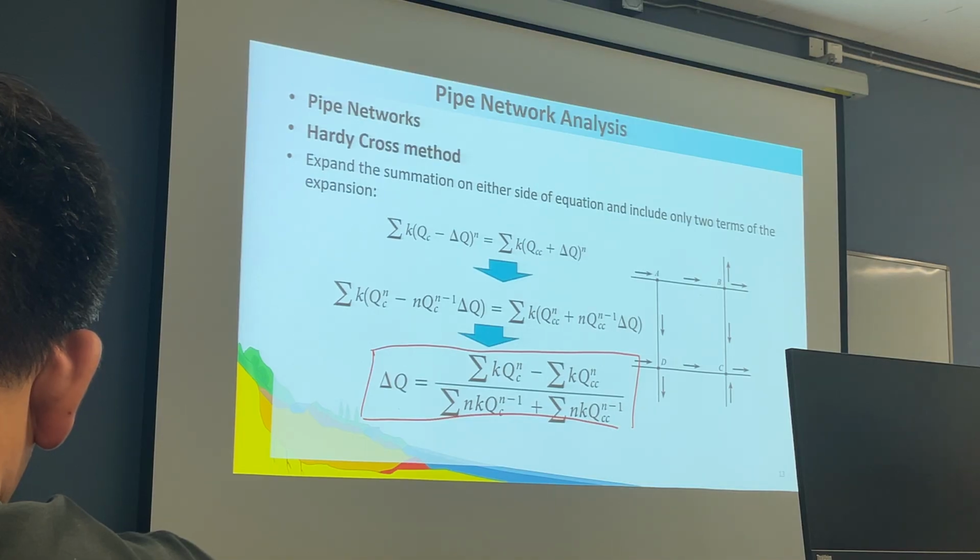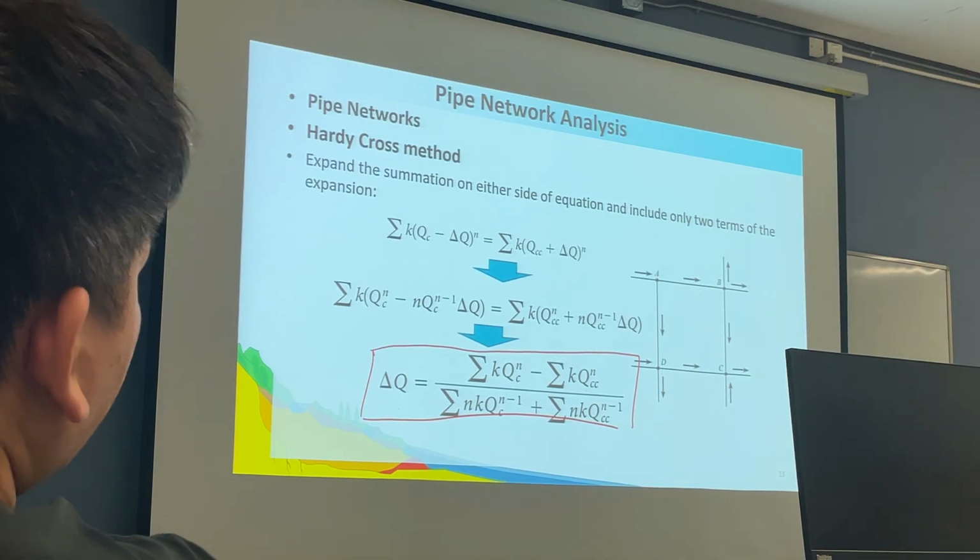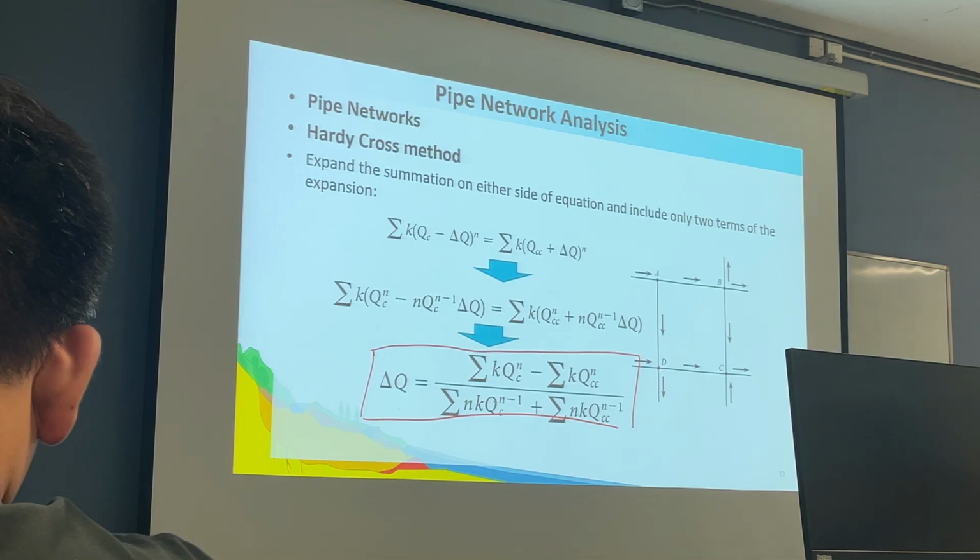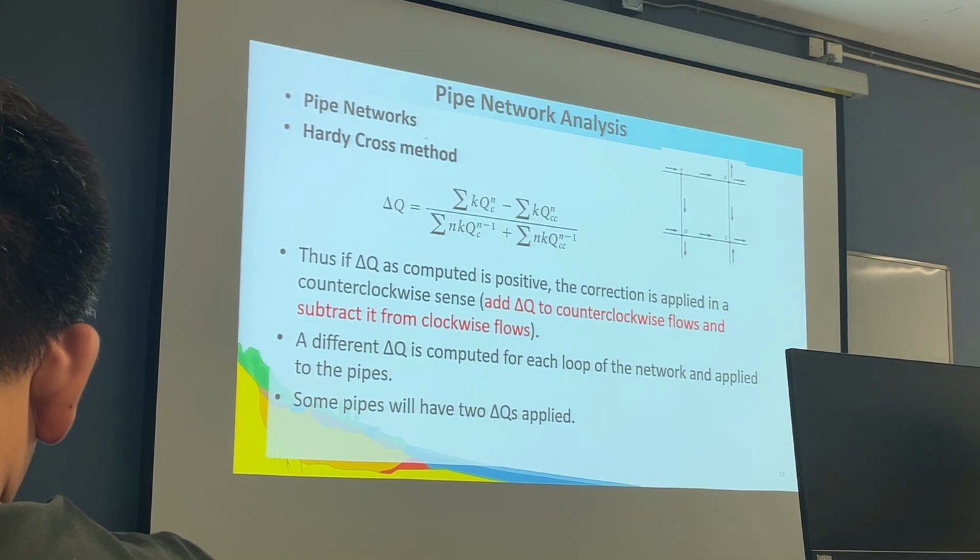To determine the delta Q, you need to calculate the sum of the clockwise pipes' head loss, subtract the sum of the counterclockwise pipes' head loss, and divide by the sum of nKQ to the power n minus 1 for the clockwise and counterclockwise pipes. This is the manner to find the delta Q. Once the delta Q is determined, you add it to the counterclockwise flow and subtract it from the clockwise flow.